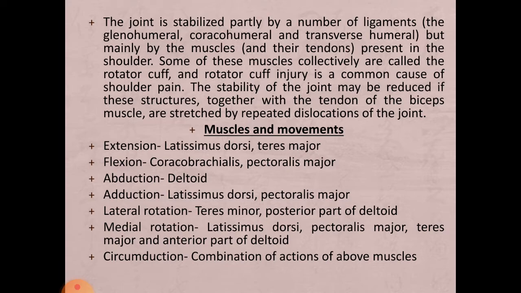We studied that the muscle tendons are more involved in the stabilization of the shoulder joint, and those are the long head of the biceps brachii muscle, traveling within the intertubercular or bicipital groove, and extending to the joint cavity through the transverse humeral ligament.